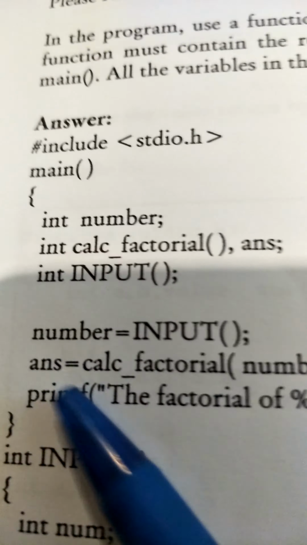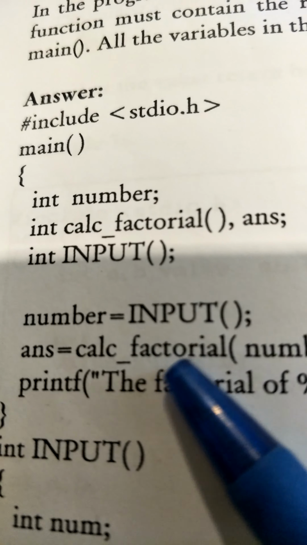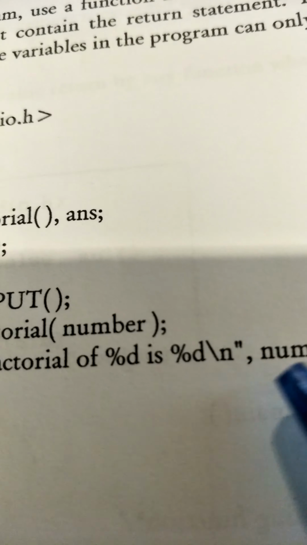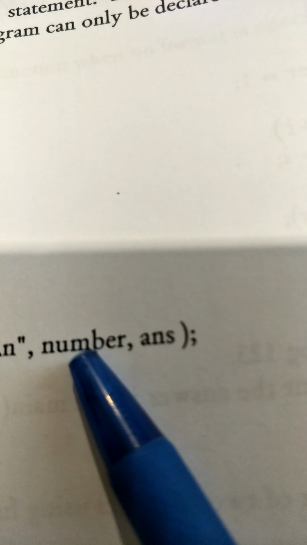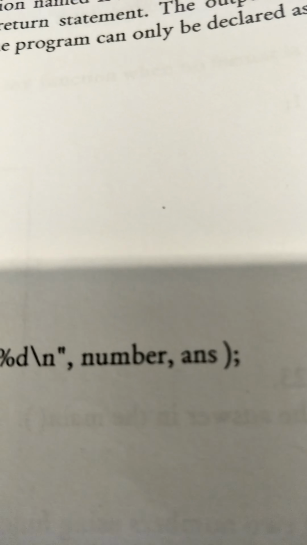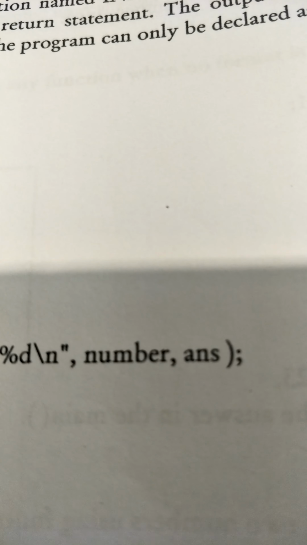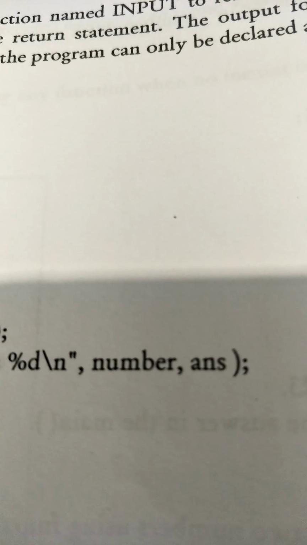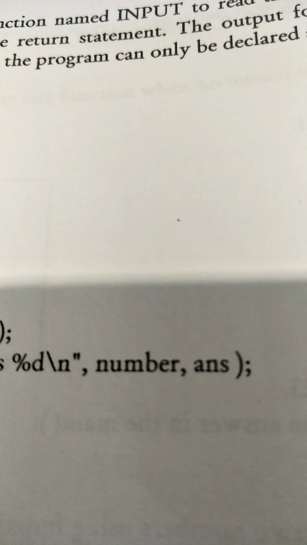Here, we assign cult factorial into answer, and then just print answer, whatever your factorial is, n or 6 factorial. So we have a function with argument and return value.